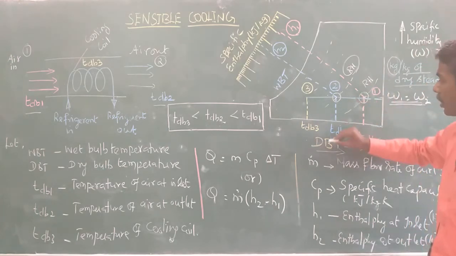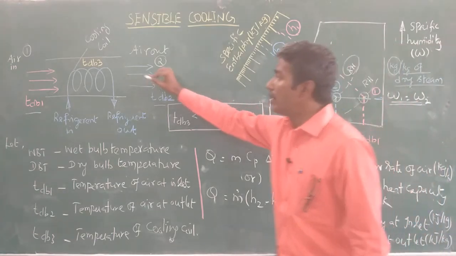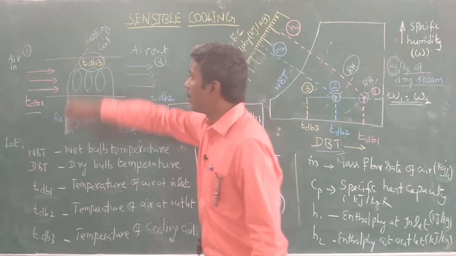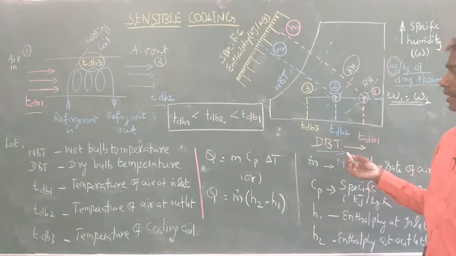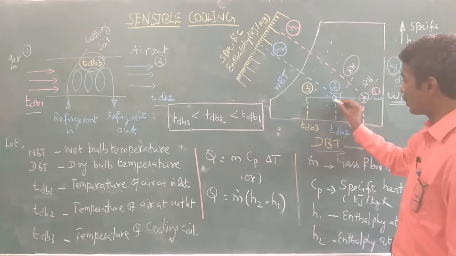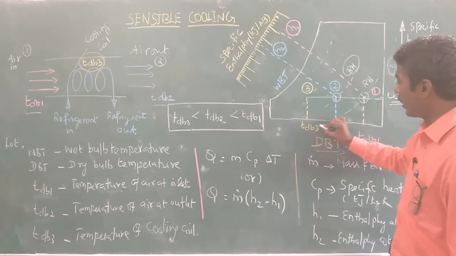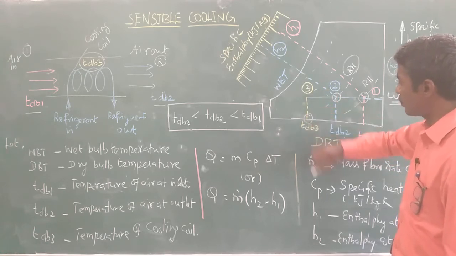Next, the dry bulb temperature at point 3. Point 3 means your cooling coil. So the cooling coil temperature will be very low compared to the air inlet and air outlet, so it is marked further leftward. Point 3 is marked here.